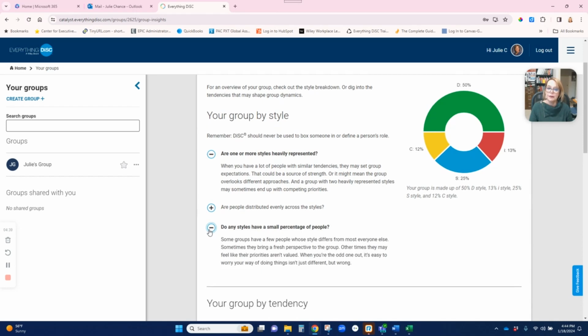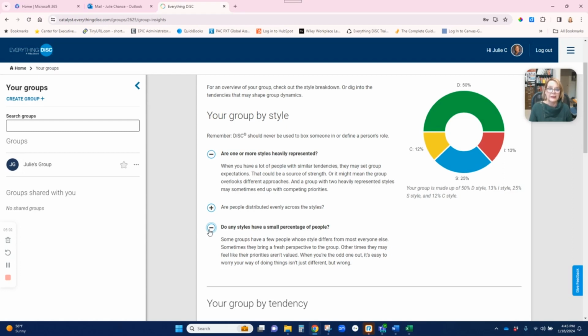And then for this group as well, there are a couple of styles that have a small percentage of people. And sometimes they'll bring a fresh perspective to the group if the rest of the group is open to hearing their perspectives, their styles, their strengths, the way they look at things and process.